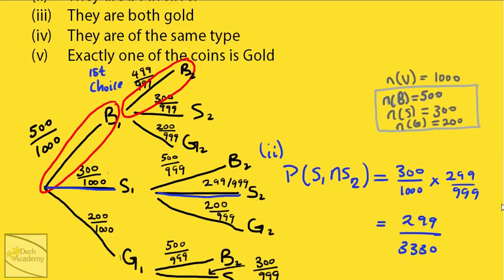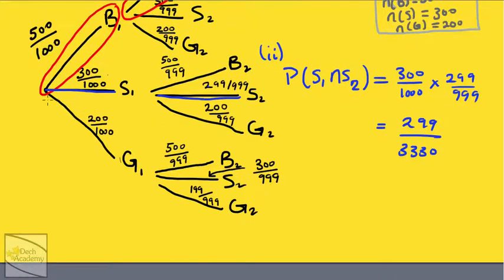For part 3, the probability that both coins are gold, you're getting a hang of this now. So that's gold and gold, simply given by multiplying the probabilities along the branches.